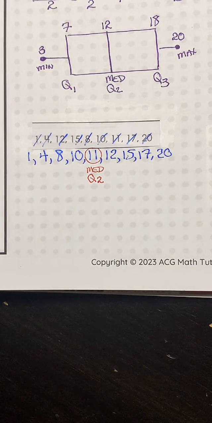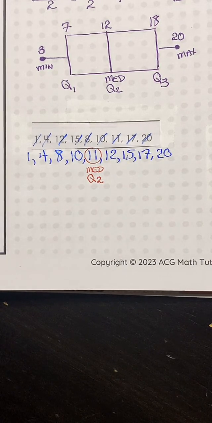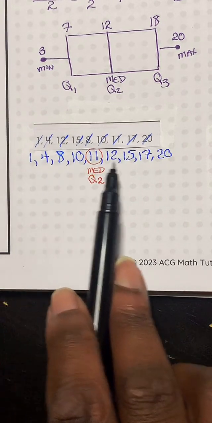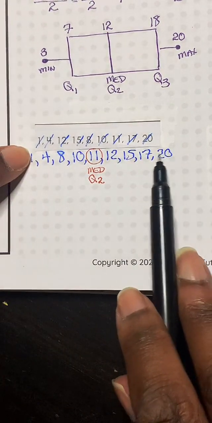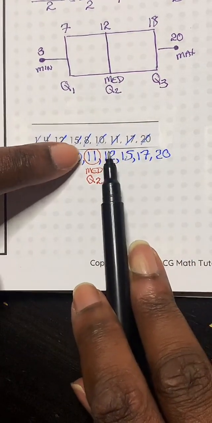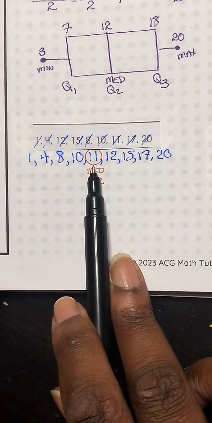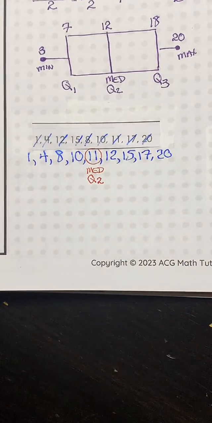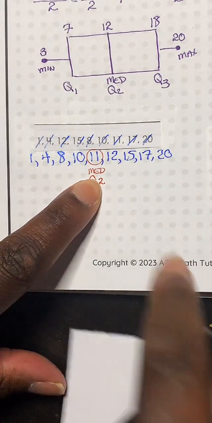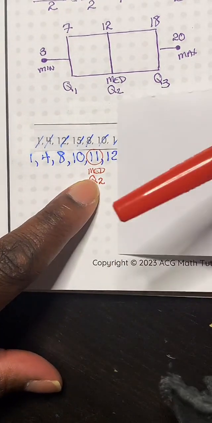Once we put our numbers in order, all we do is just count towards the middle. So we got 11.